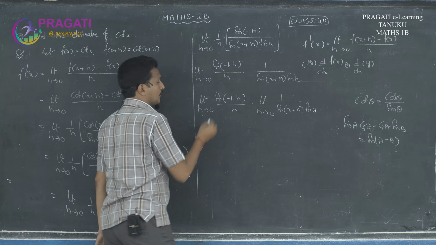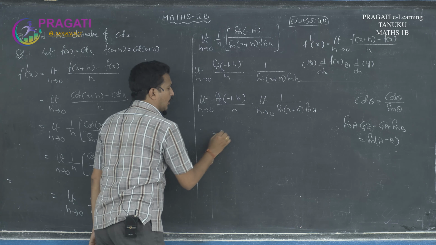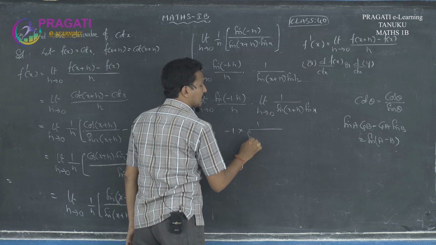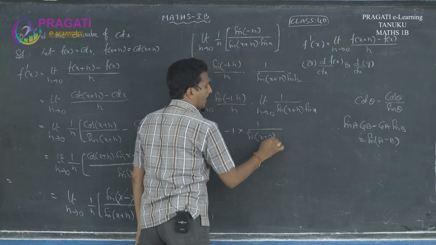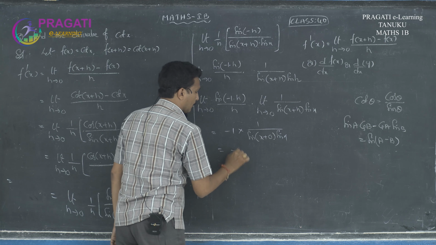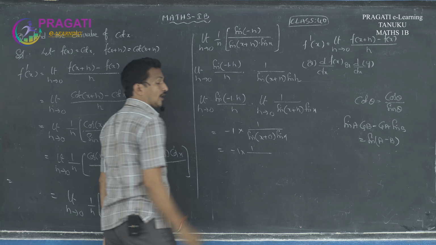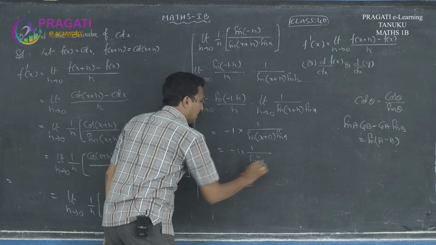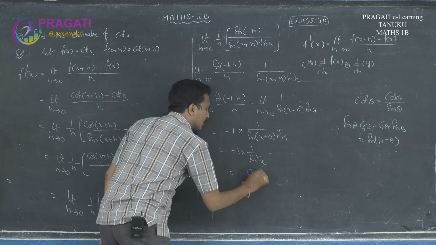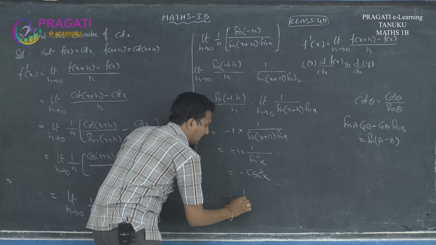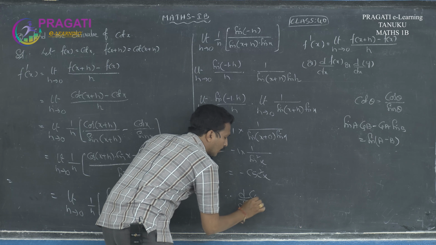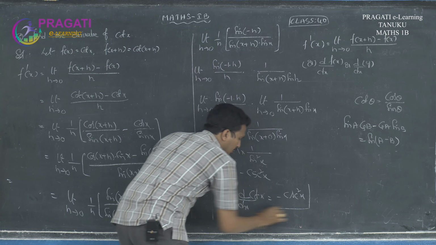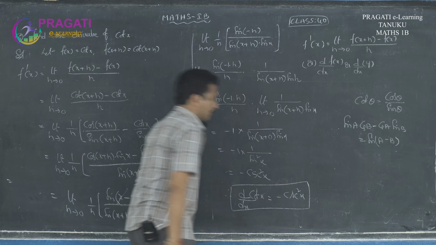Okay, here it is of the form sin nx by x is equal to n into 1 by, it is the direct substitution method, 1 by sin x plus 0 into sin x, sin square x. 1 by sin square x means cosecant square x. Therefore, finally d by dx of cot x is equal to minus cosecant square x.